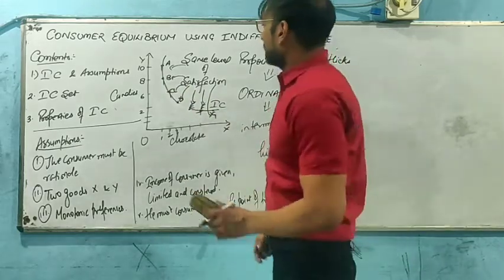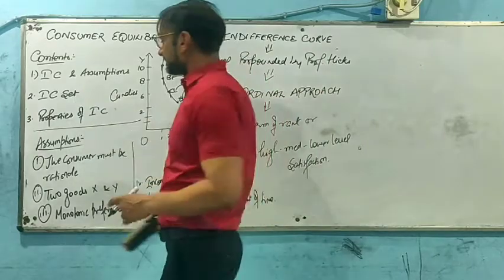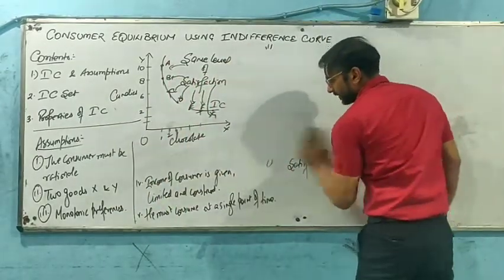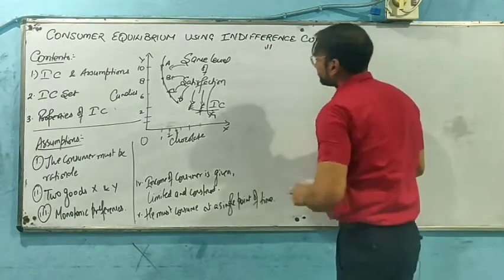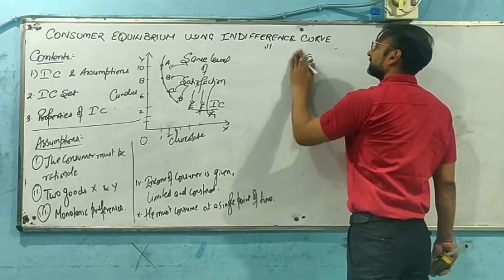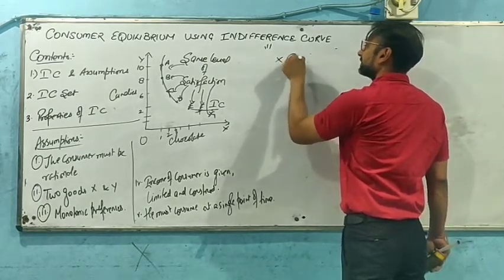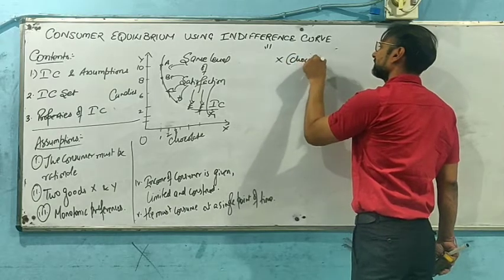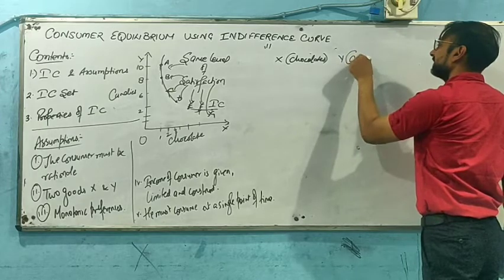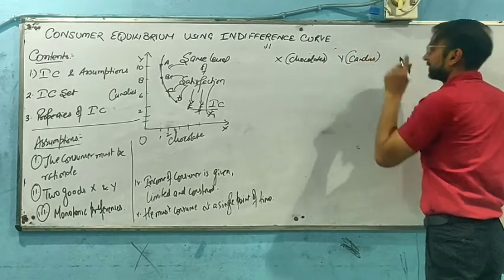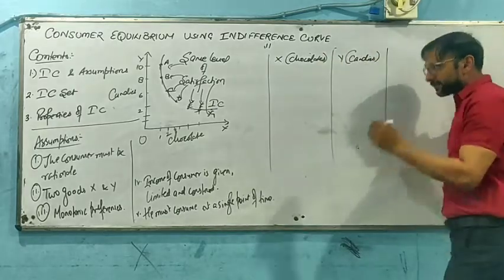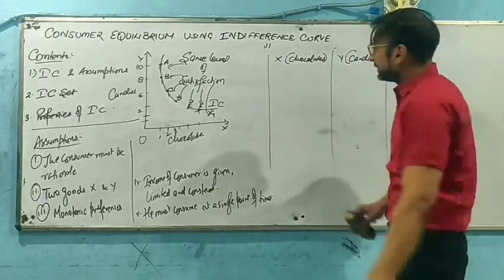Okay. Now, coming next to that is the IC set. Now, what we need to establish, we are going to frame a schedule or table. Sorry, X is chocolate and Y is candies. Now, we just need to see how we can produce an indifference set.